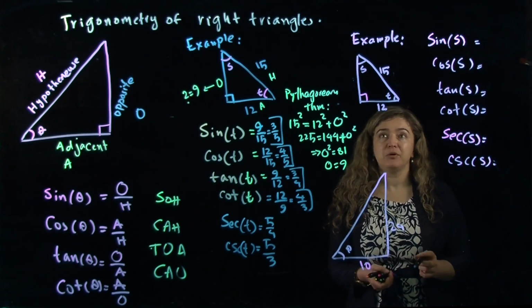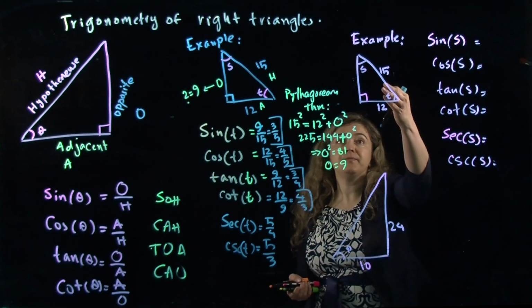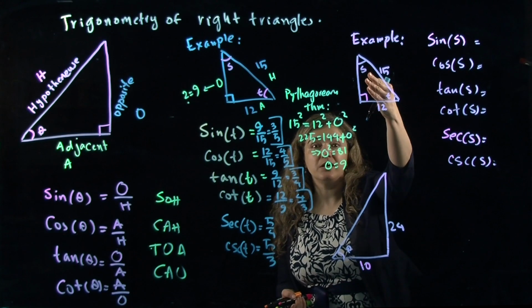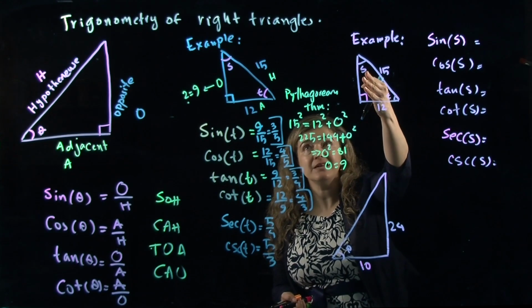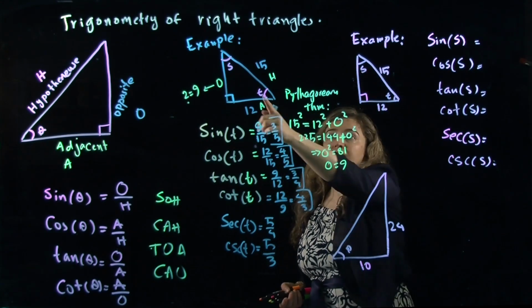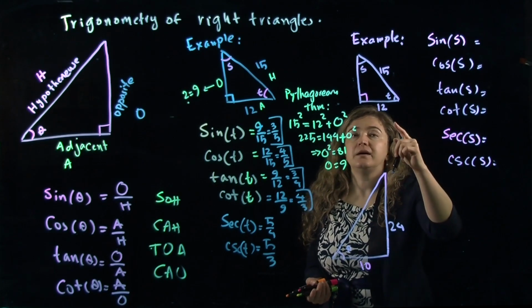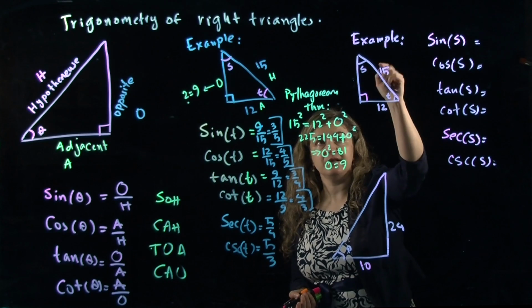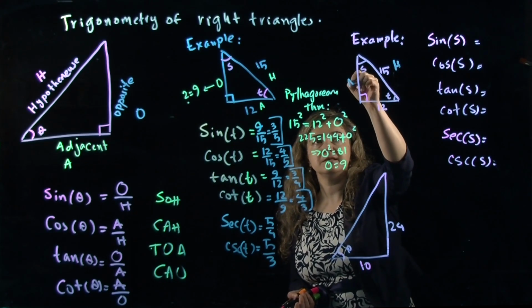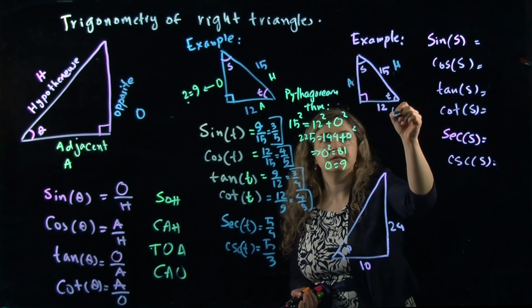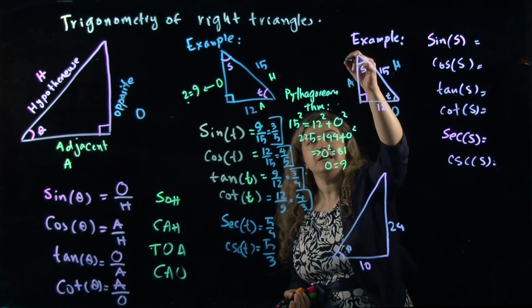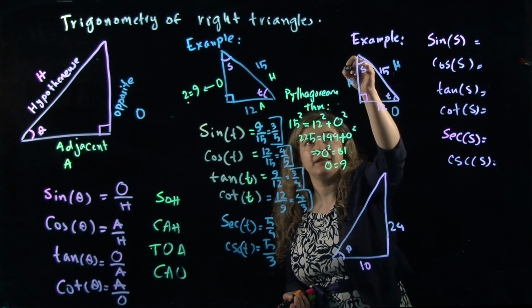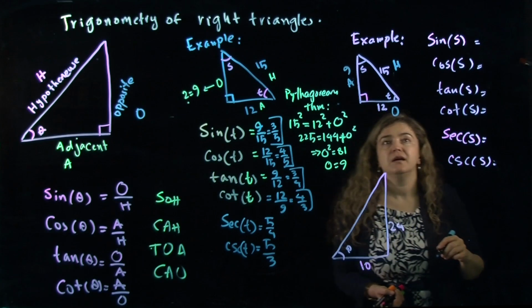So the next example is to find the trigonometric values for S in the same triangle. This time, the side next to S beside the hypotenuse is this side, and this one is the opposite. And A is, again by Pythagorean theorem, 9.